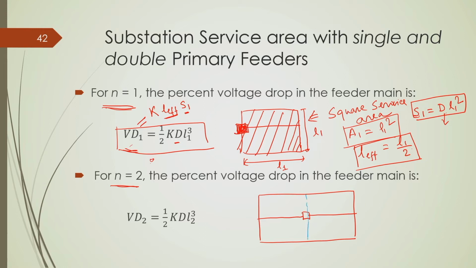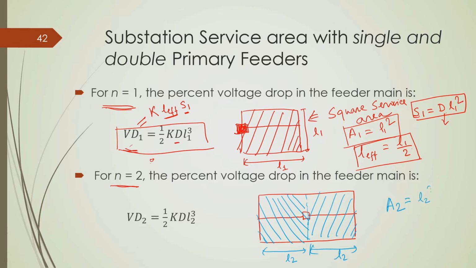This is the service area of one particular feeder, which has a length of L2, and this is the service area of the other feeder, which also has a length of L2. So, the area served by each feeder, A2, will be L2 square, because the service area under a particular feeder is assumed to be square.